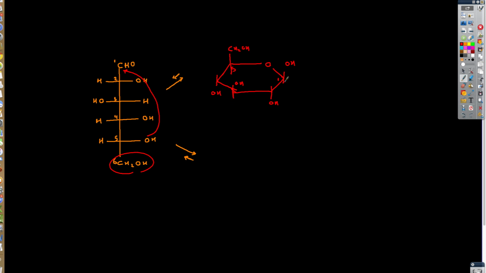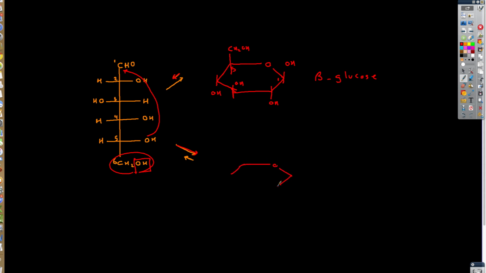If you look at the first carbon, if the OH is on the same side as carbon 6, this is an example of beta glucose, the cyclic form. Now what happens, it can go back to the straight chain and then it can get inverted again to give you the alpha version of it.